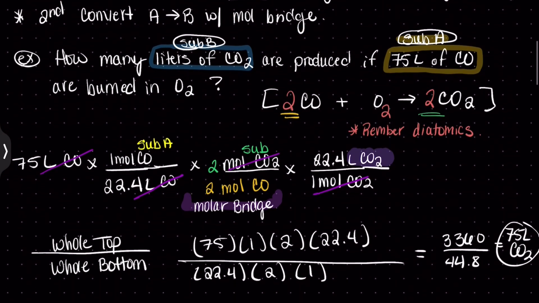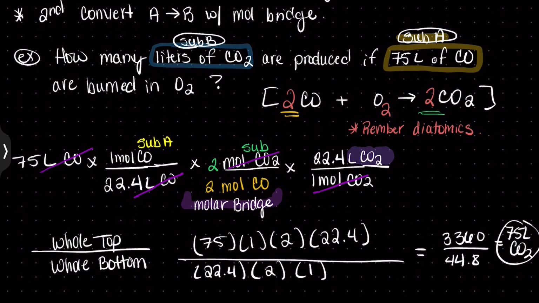In this example I've pre-worked for you, we're talking about how many liters of CO2 are produced if 75 liters of carbon monoxide is burned in the presence of oxygen. So I have a given substance A and a goal of substance B. Your question here, how many liters of carbon dioxide?